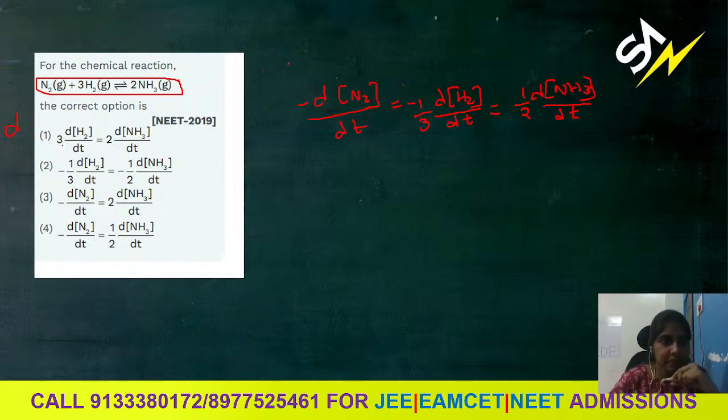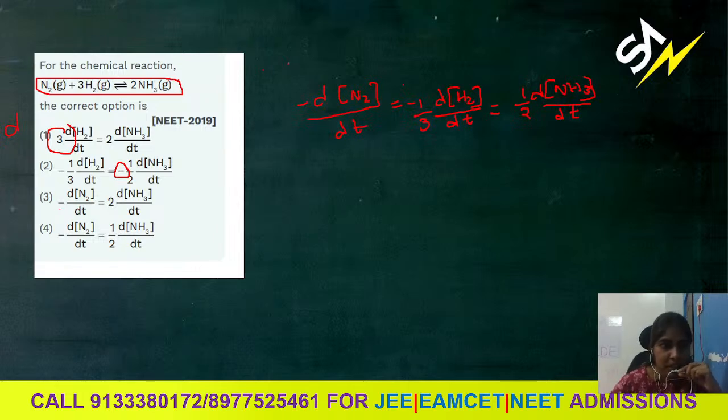See, option 1, 3 moles of change in the concentration, so this is wrong because the stoichiometric coefficient should come in the denominator. For option 2, minus 1 by 3 d[H2]/dt is equal to, so here we should not get a minus sign in the product because the appearance of the products is shown by a plus sign.